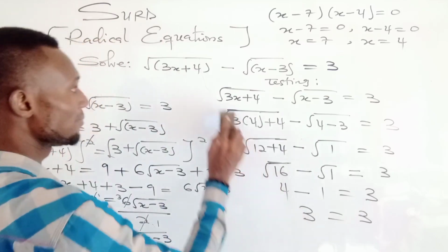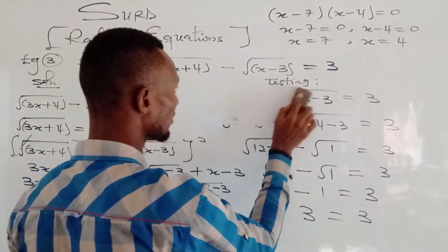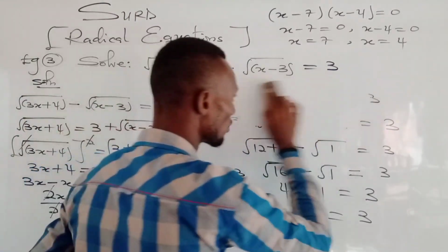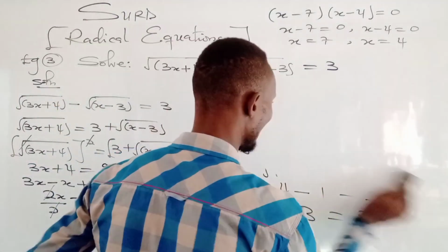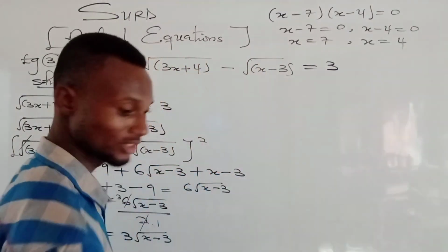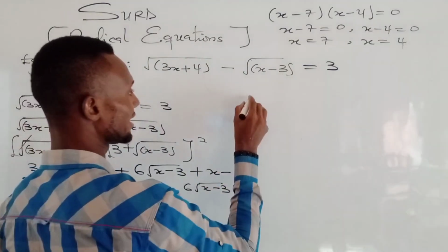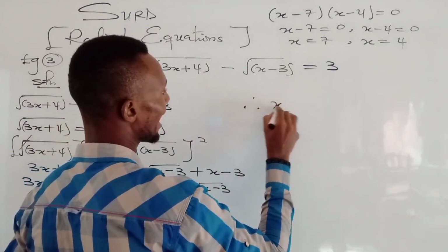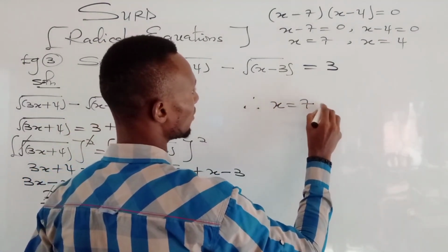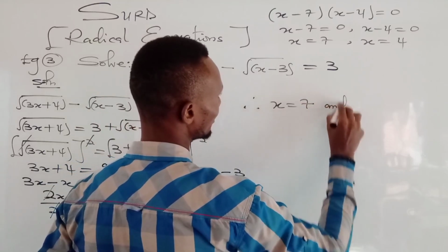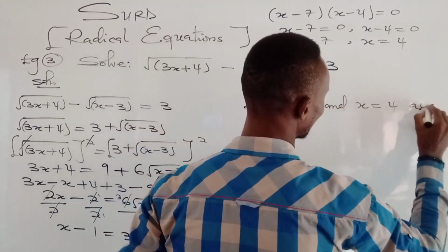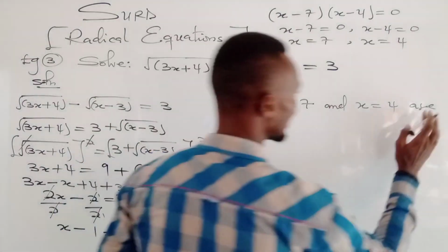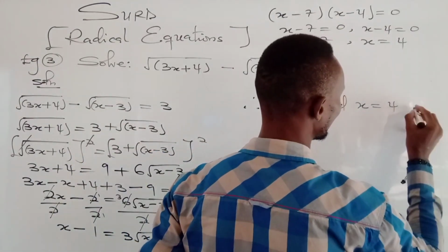Let me clean this side and write the conclusion for you to see. I hope you understand. We conclude by saying therefore s equals 7 and s equals 4 are solutions to the given equation. I hope you can see.